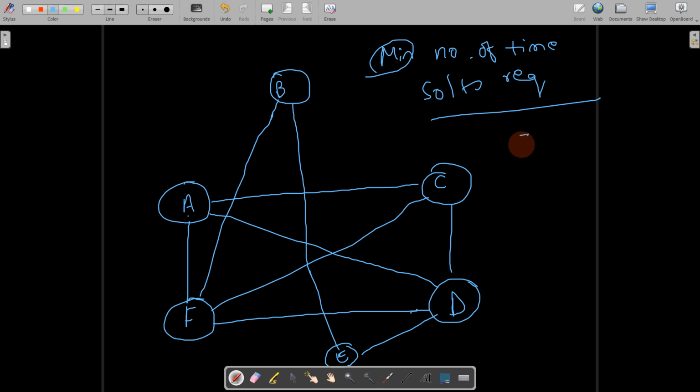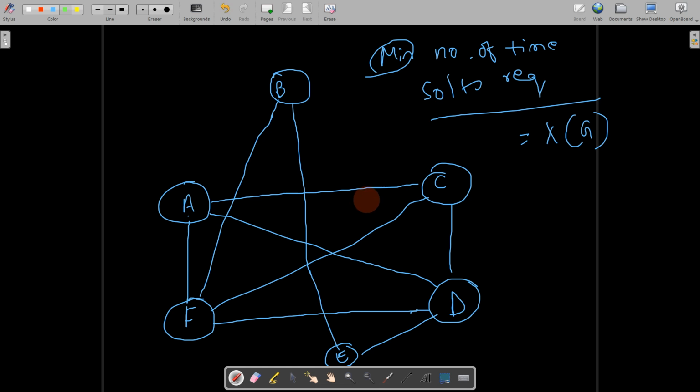That is known as the chromatic number of the graph. Chromatic number means, given the constraints where two nodes or two subjects which are adjacent cannot have the same color, let the different time slots be represented using different colors. So we cannot give the same color to adjacent nodes.